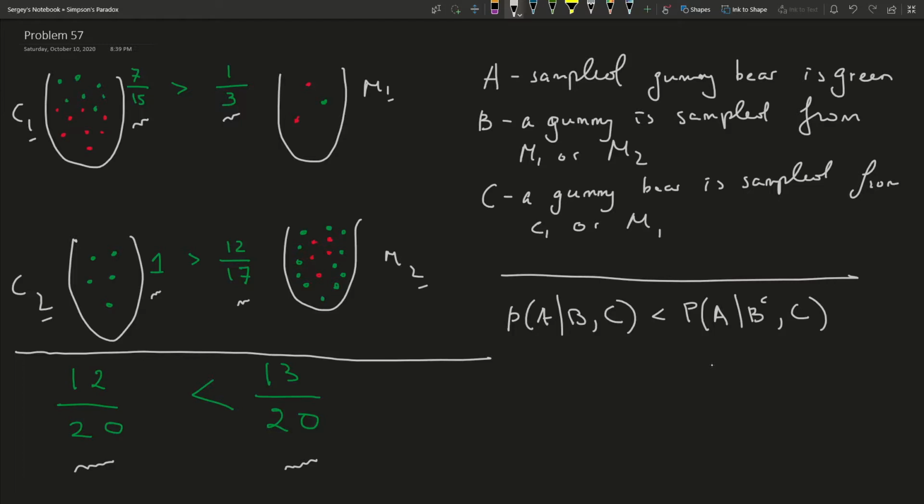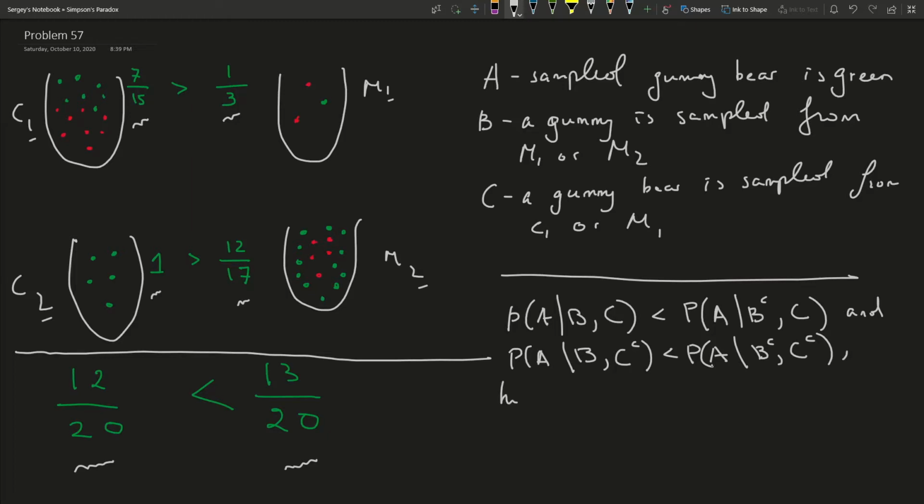We verified that: 1/3 is smaller than 7 over 15, so this statement is true. And the probability of the sampled gummy bear being green, given that we're sampling from an M jar that is indexed 2, is smaller than the probability that it is green, given that we're sampling from a C jar that is indexed 2, which we also verified because 12 over 17 is smaller than 1.